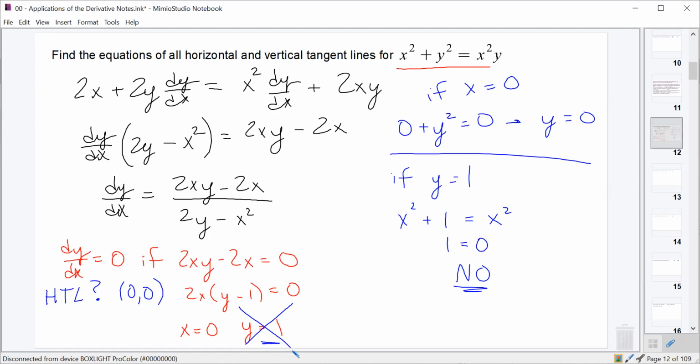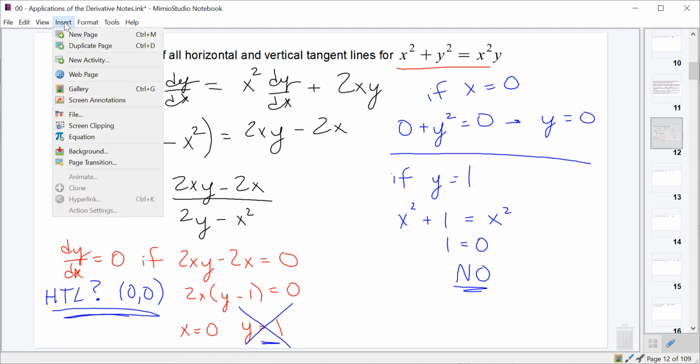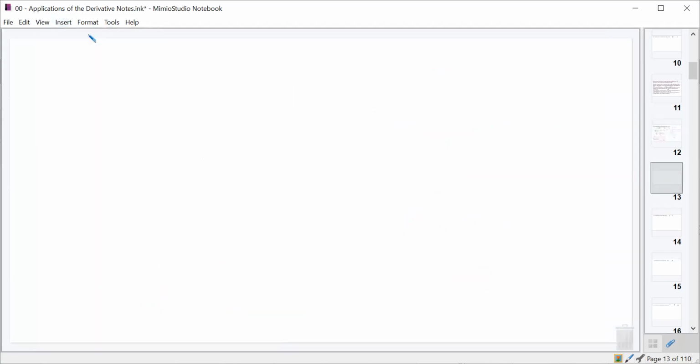So that takes care of possible locations of horizontal tangent lines. Now we're going to figure out when our derivative is undefined. So let's take a look at a new page.